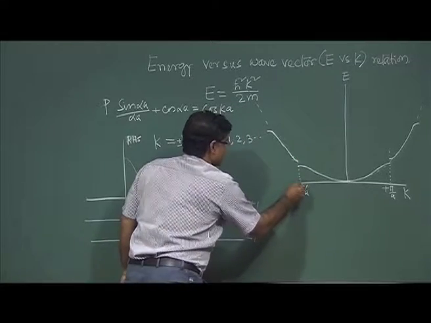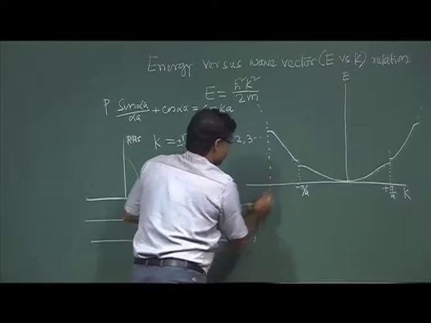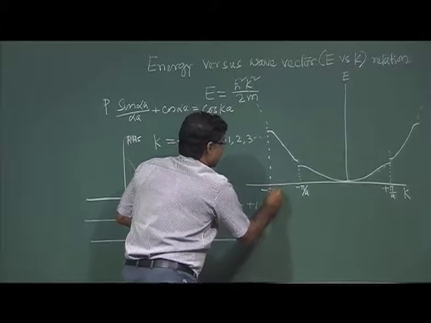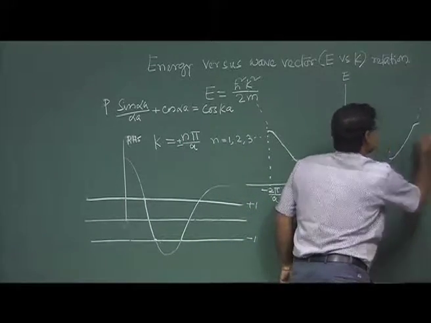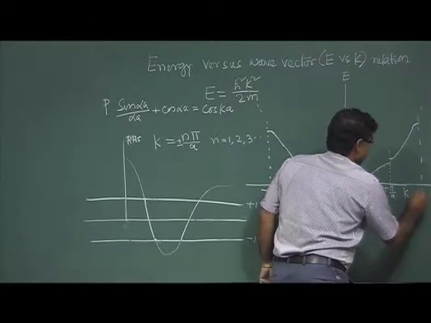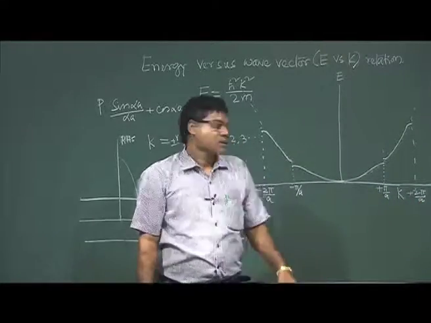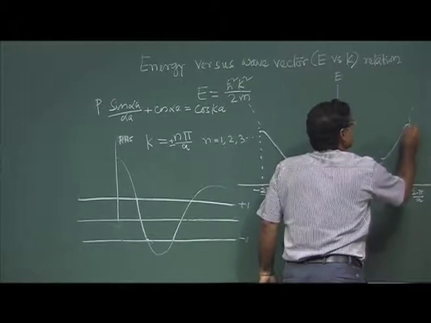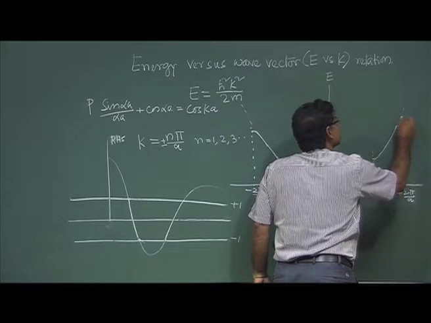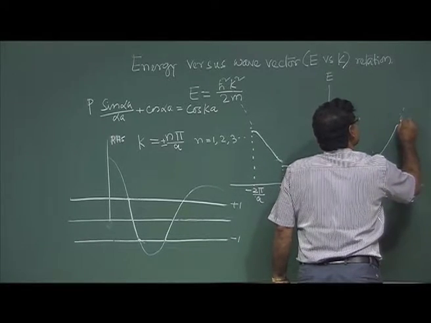Okay. So this will continue from here to here. So this will be minus 2 pi by a, and this part will be plus 2 pi by a. Okay. Similarly, if we continue, then the next k will start from here.